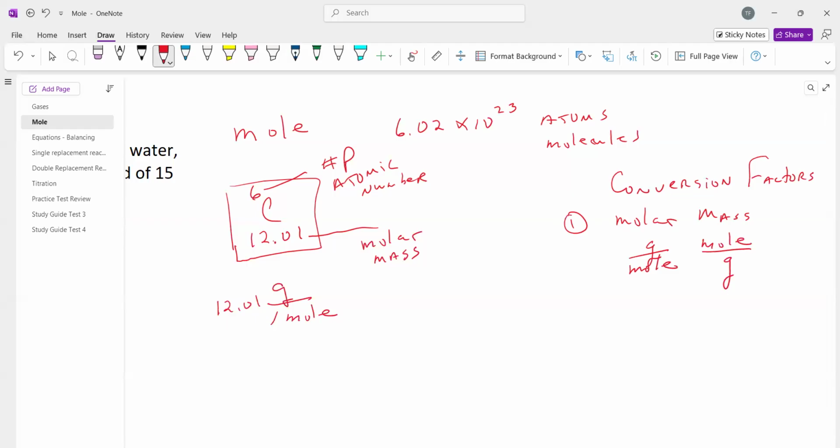Now that's specific to the compound you're talking about. So moles of water, grams of a molar mass for water is different than the molar mass for carbon dioxide because the atoms are different. Different atoms have different molar masses.